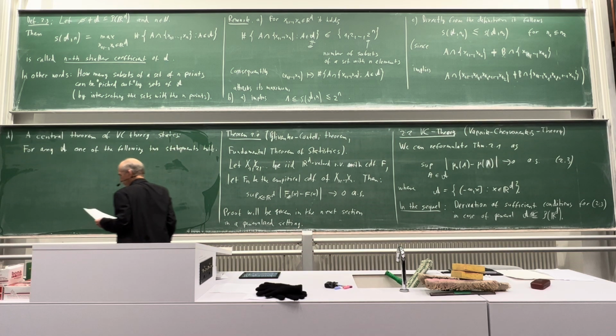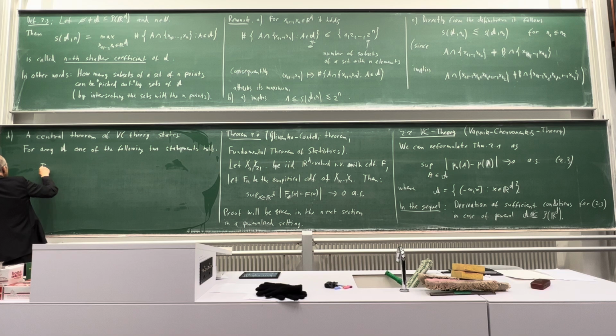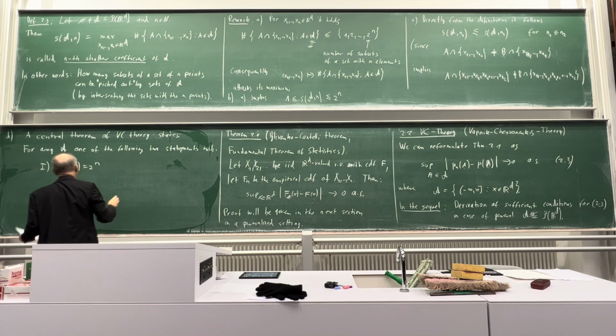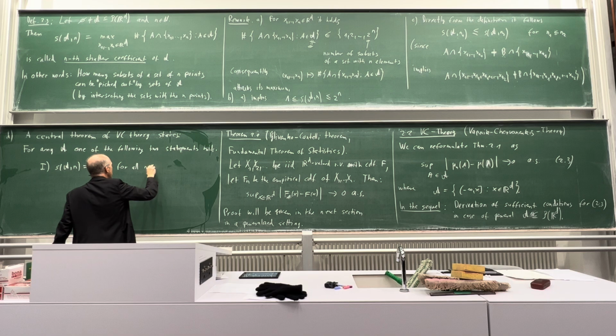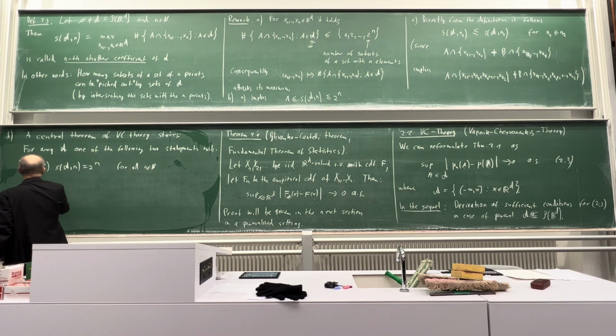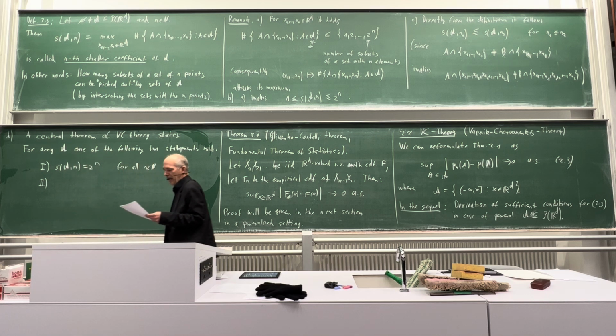The first statement is S_A(n) is 2 to the power n for all n in N. And the second statement is S_A(n) grows in n at most polynomially.